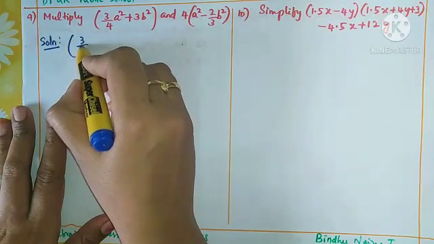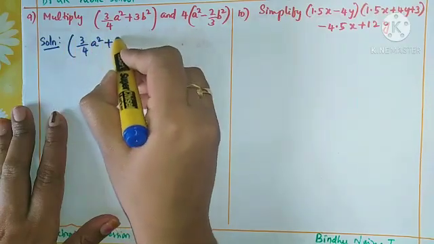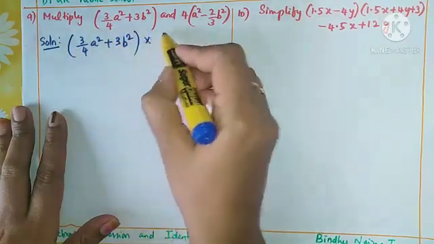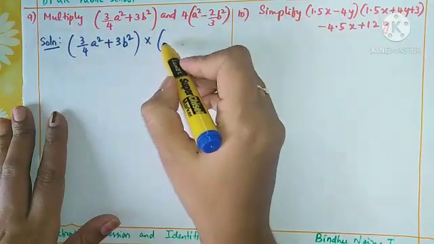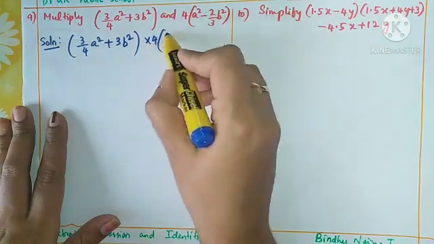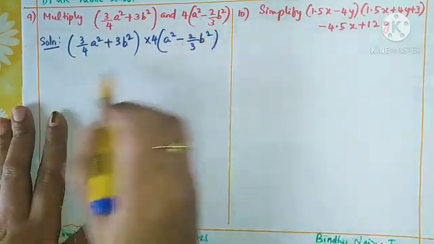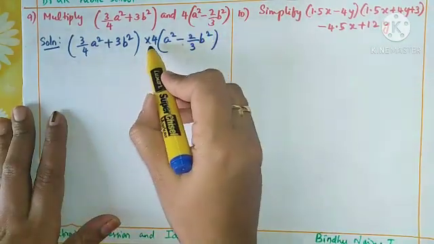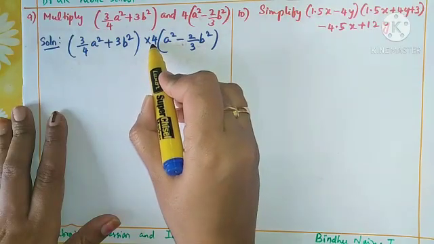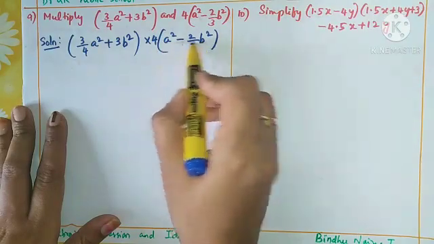So 3 by 4A square plus 3B square into 4 into A square minus 2 by 3B square. Okay, yes. So first you see here one 4 is outside the bracket, so we can just multiply and make it same.